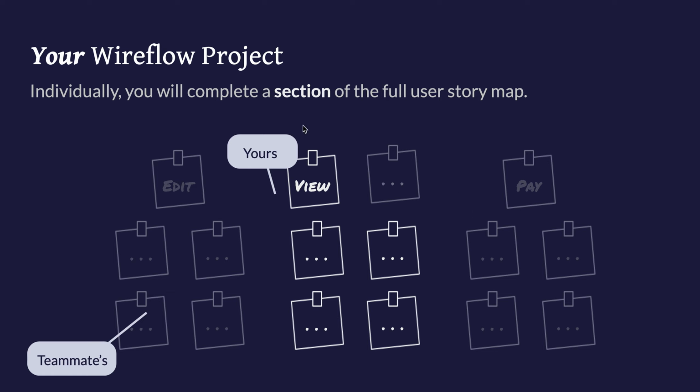Another example, if you're doing, say, adopting a pet, you might be doing the search through all the pets in order to find one, while someone else might be doing fill out the adoption paperwork, and someone else might be doing maybe put a pet up for adoption. So you're not going to be doing the whole user story map, you're just going to be doing one section of it.